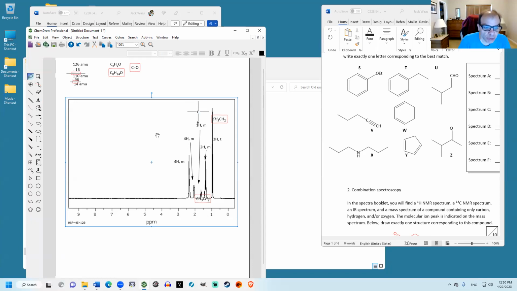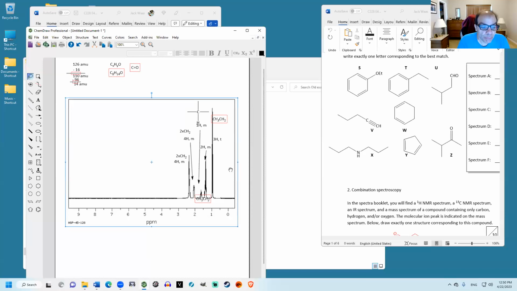Next, we have 2 4H multiplets, which again, we've learned they're not going to be CH4. This looks to me like 2 CH2s. And those are the only hydrogen resonances. So having twice 2 CH2s also speaks to the symmetry of the molecule.